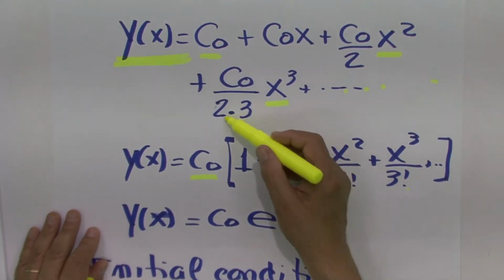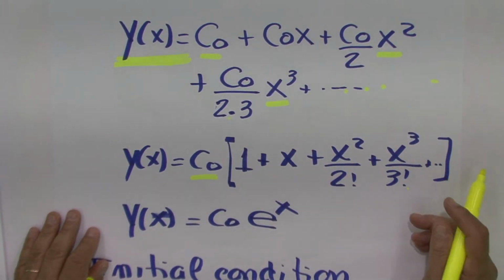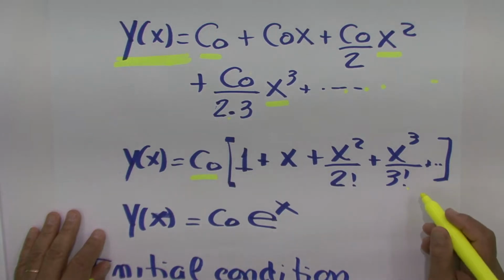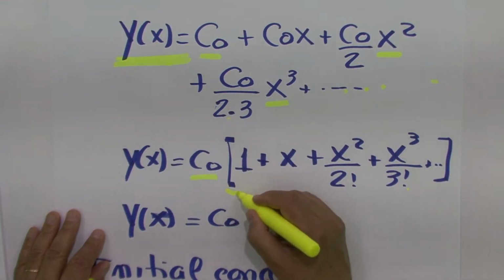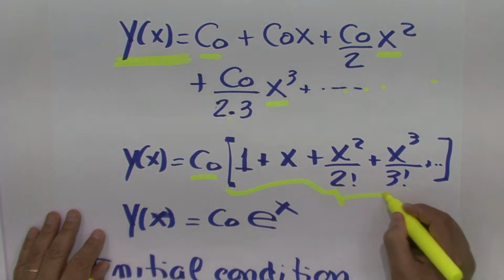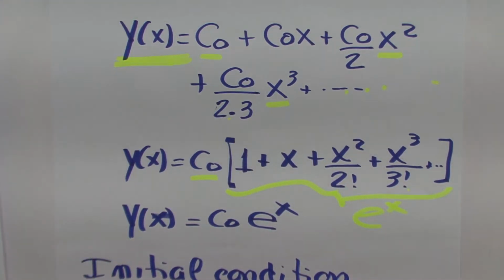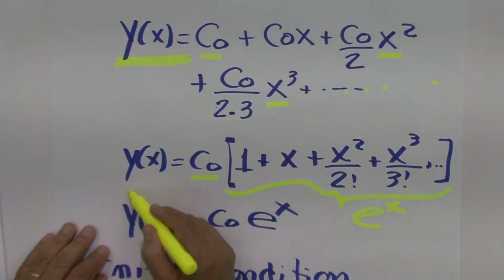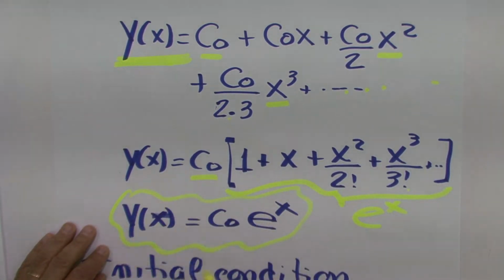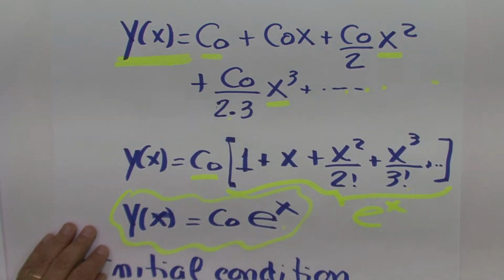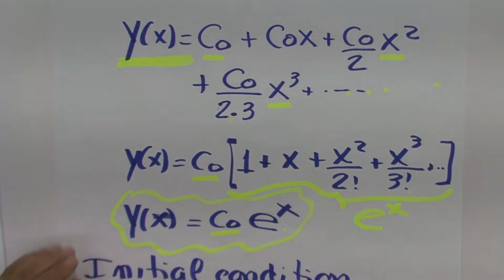Of course, I already expressed it that way to simplify and for you to identify. But if you remember, who is this guy here? This guy here is nothing more than the exponential function expressed in series. So y of x is nothing more than the exponential times a constant.